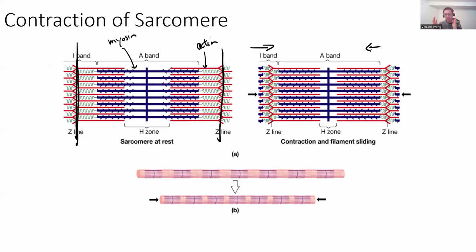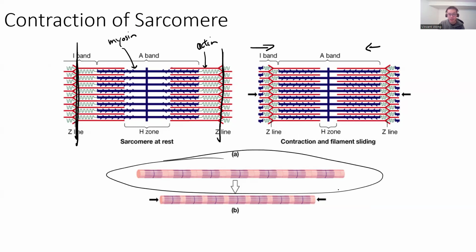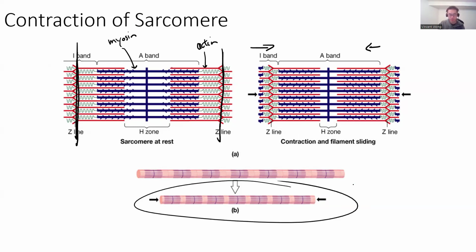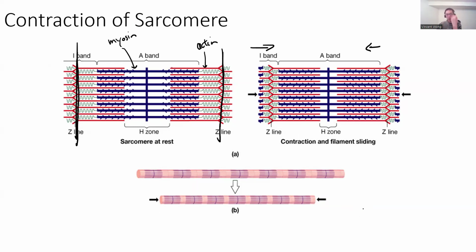When you shorten the sarcomere, the entire muscle fiber becomes shorter, and that creates a pulling force, which results in muscle contraction. So that's what you're trying to achieve here. You want the myosin to grab onto the actin and pull so you can create contraction.